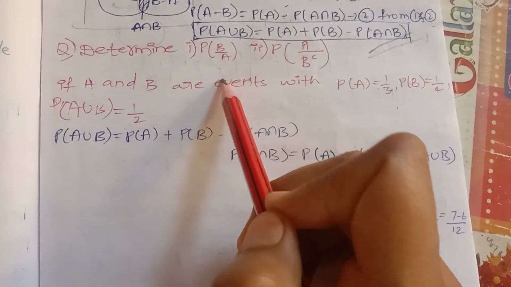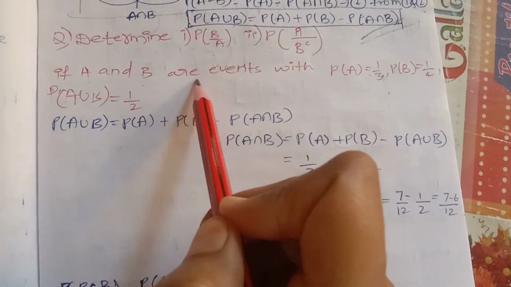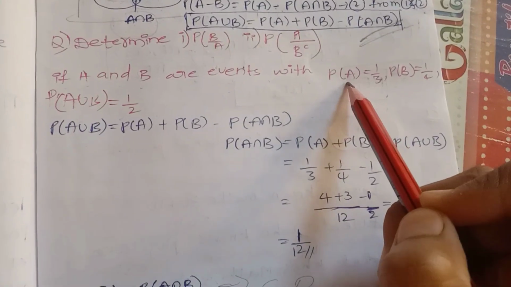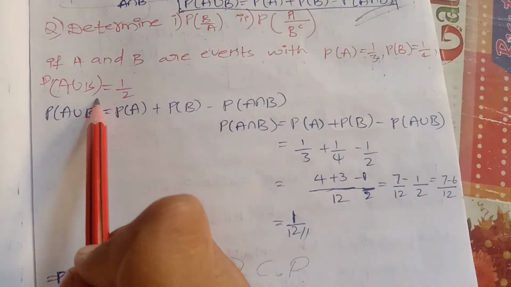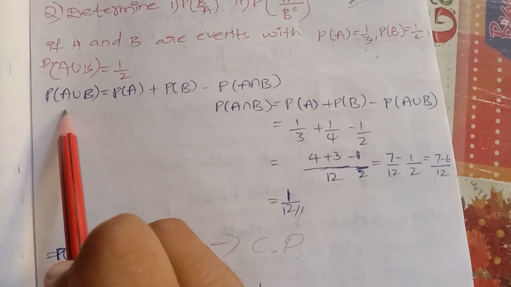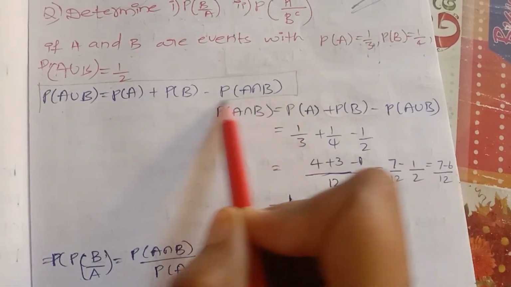Determine P of B given A and P of A given B complement. A and B are two events with probability of A is 1 by 3, probability of B is 1 by 4, and the union is 1 by 2. For the union we write the addition theorem formula.